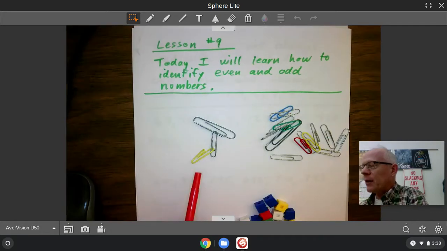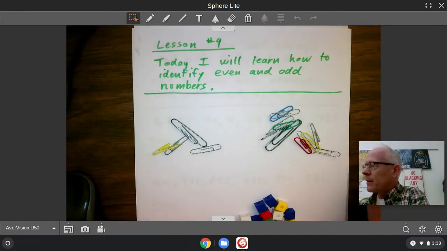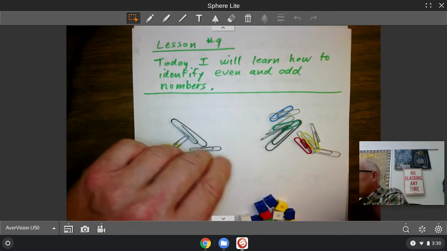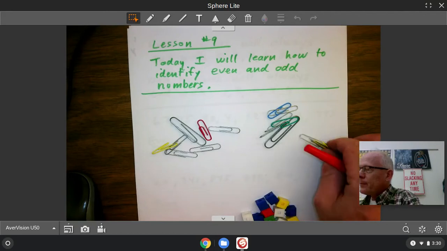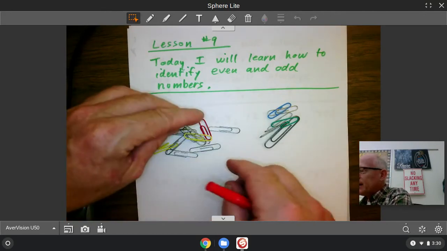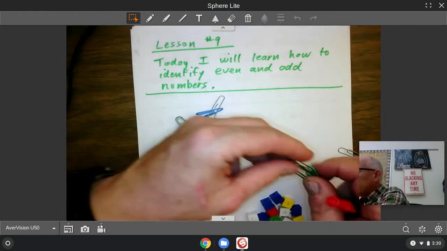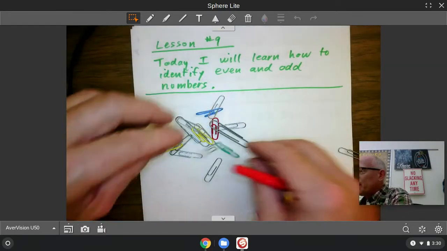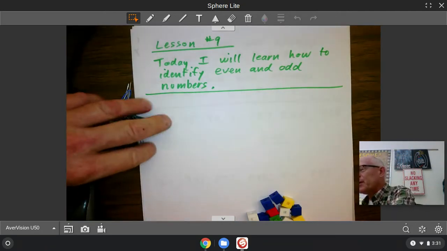Some of them are stuck together, so I got 1, 2, 3, 4, 5, 6, 7, 8, 9, 10, 11, 12, 13, 14, 15, 16. So is 16 even or odd? 16 is even.